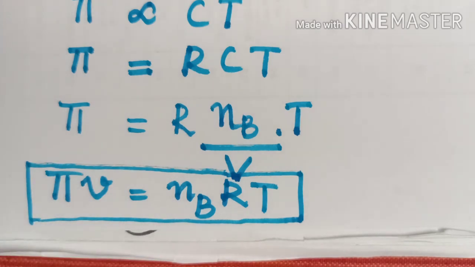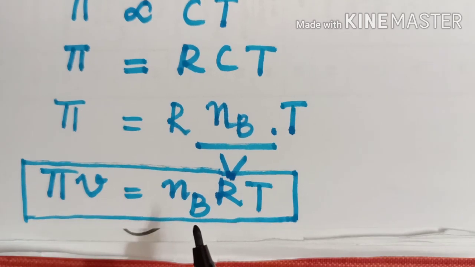Pi represents the osmotic pressure, V is the volume of the solution, nB is the number of moles of the solute, R is the universal gas constant, and T is the absolute temperature. Here too it is dependent only on the number of solute particles and not on its nature. So osmotic pressure is again a colligative property.